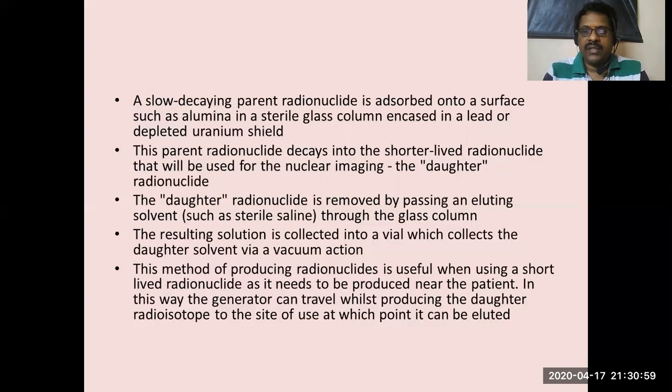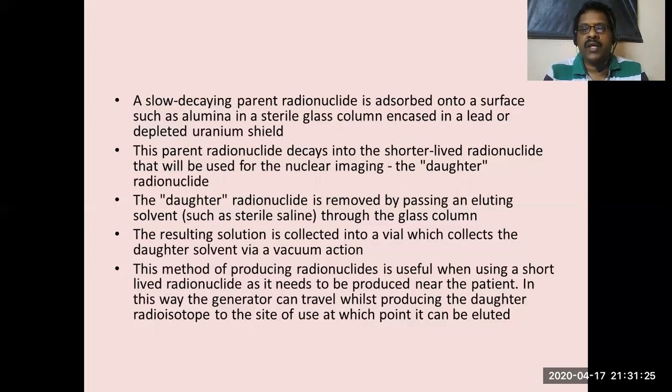So on the glass surface, alumina will be present. On the alumina, molybdenum will be coated, and molybdenum will be in a permanently adhered state. It never comes out, but it slowly undergoes decay and is converted into another product called technetium. Technetium has very poor affinity for the alumina surface.